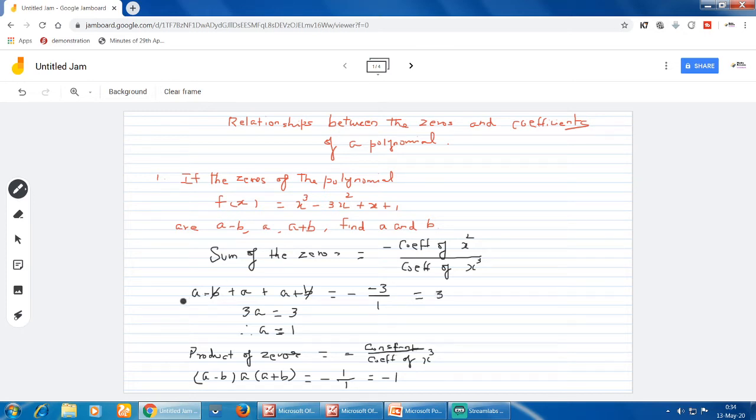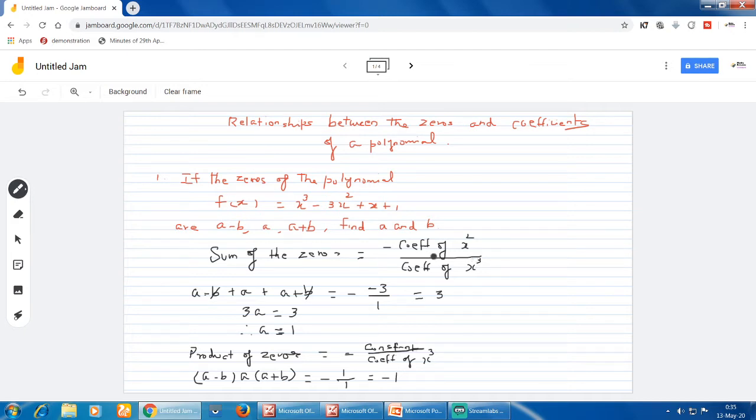So sum of zeros means they gave the zeros a minus b, a, a plus b. Just add these first. On the left side we add a minus b, a and a plus b.